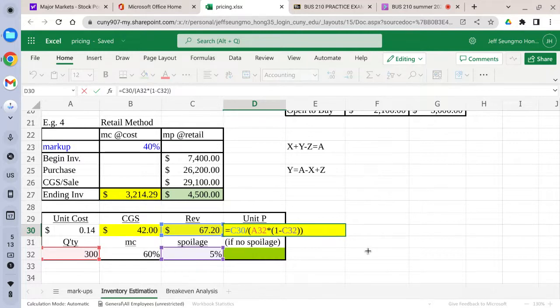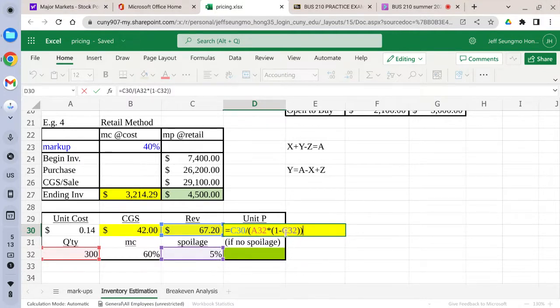This is something I've been stressing over and over: you don't manually input any number. Why? If you input 0.95 there, you cannot reuse it. What if the spoilage is not 5%? What if it is 10%? Depending on weather conditions, this year it was extremely muggy and humid, and the spoilage will go up. All you need to change is this number, not the formula.